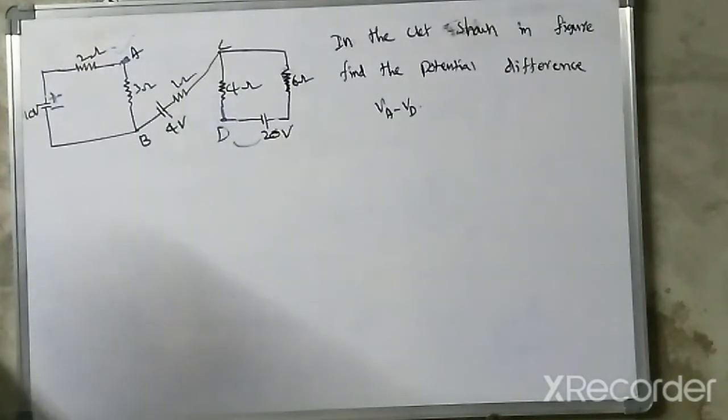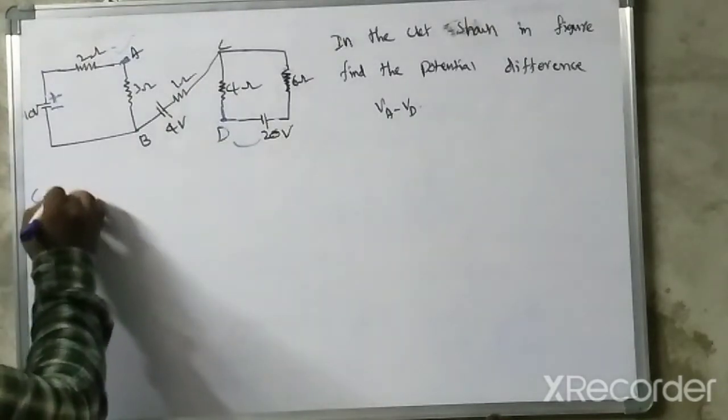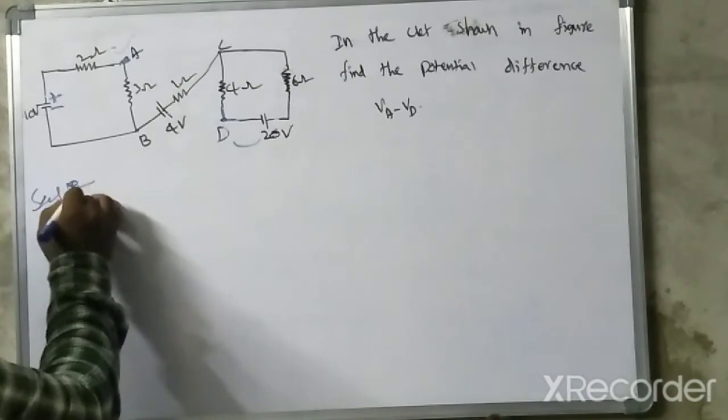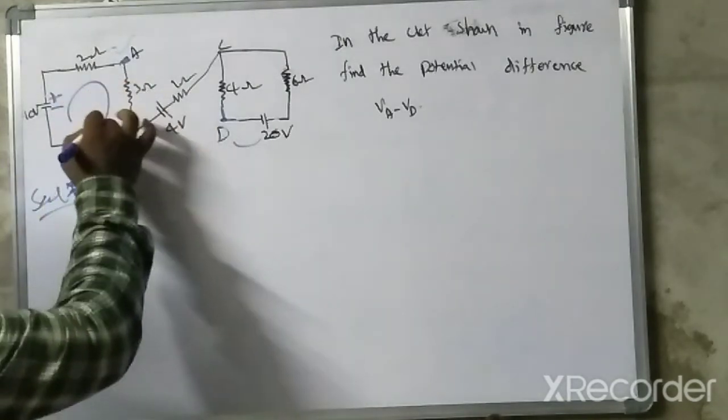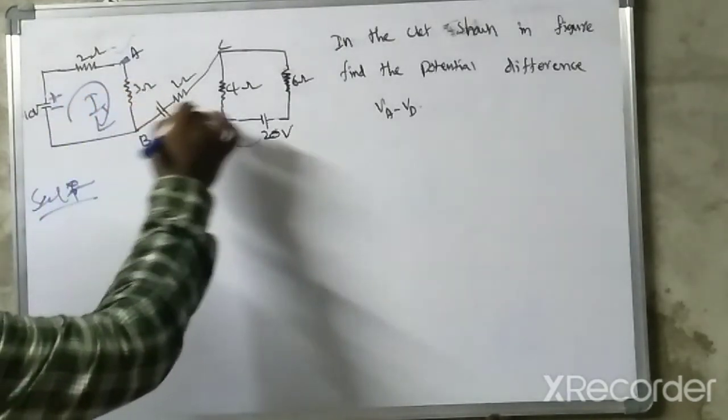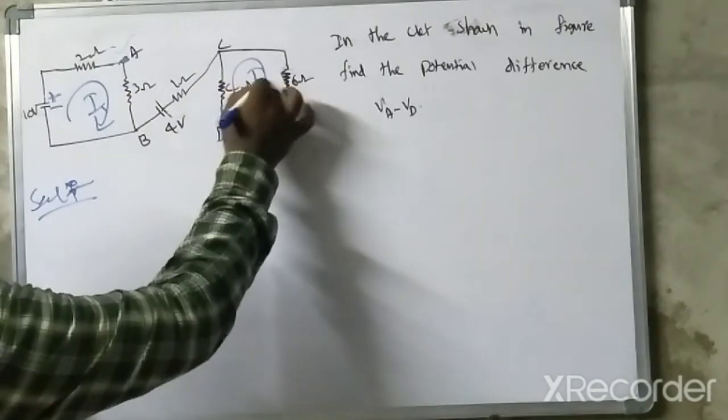So potential difference here to here they will ask. Whenever they ask this type of question, first of all identify how many loops are there in the circuit. In this loop current I1, in this loop current I2.